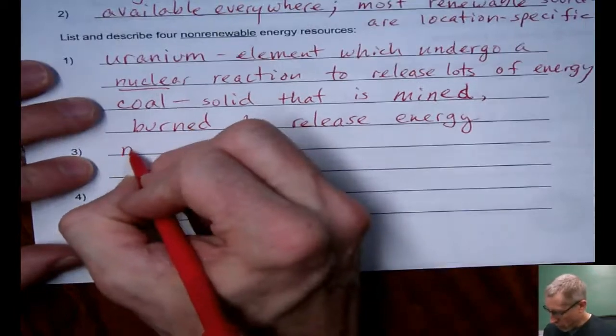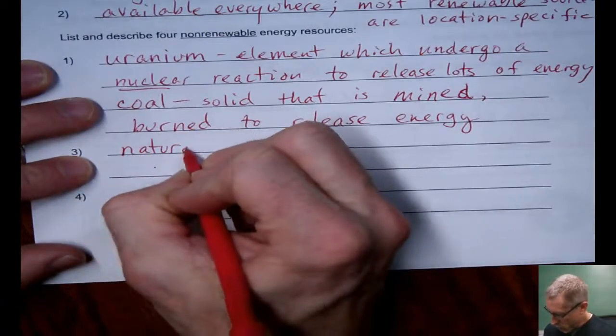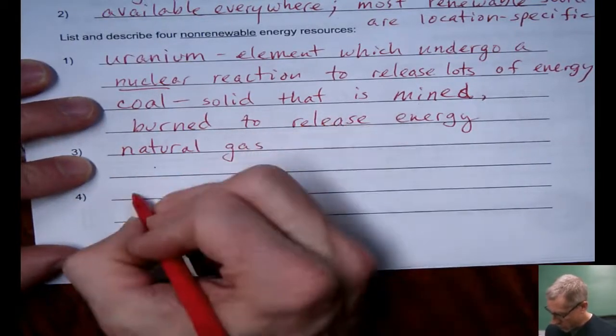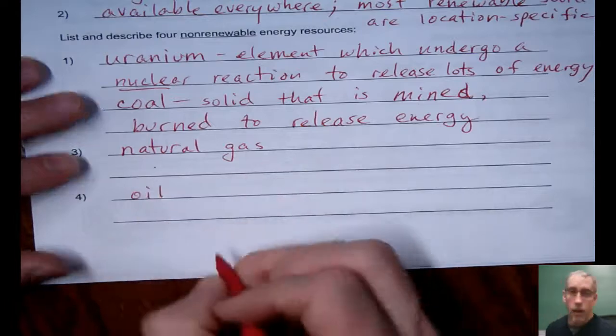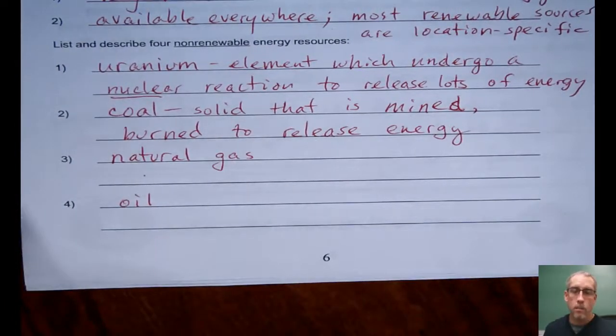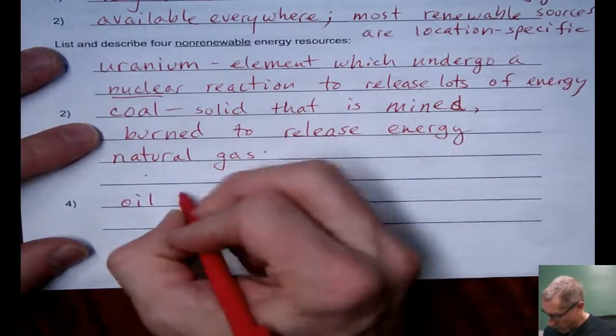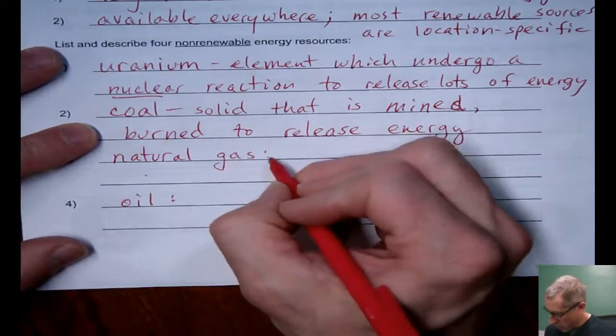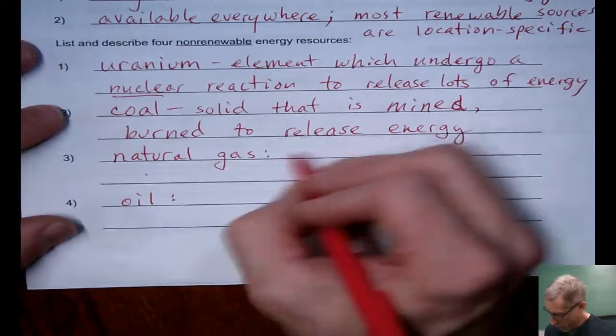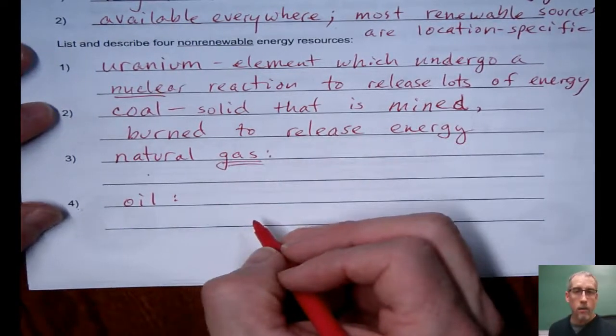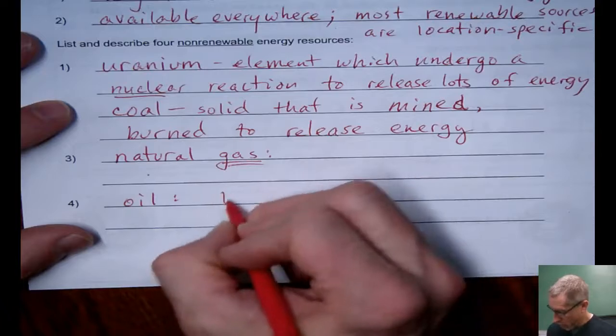And then we have natural gas and oil. And these can be burned in different ways, but it's the exact same idea, except that this is, as its name implies, a gas, and this is a liquid.